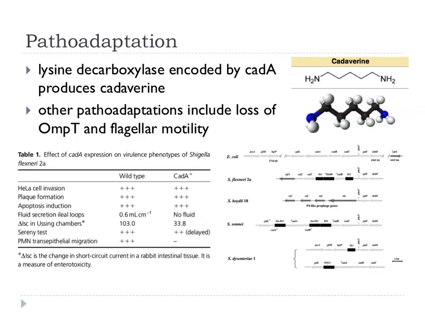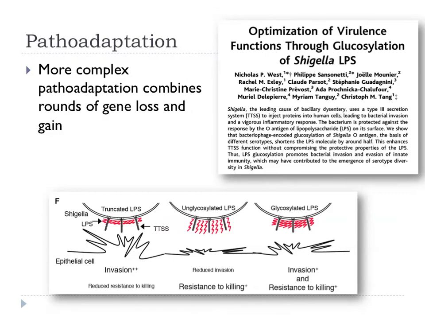But if you put Shigella into an ileal loop, you can do this ileal loop assay, you get fluid accumulation. That's what happens with the wild type, but it doesn't happen when you have that cadaverine gene on. And similarly, you've got differences in the migration of polymorphs in there. People are still teasing out exactly what's going on here, but it's an example of gene loss being important.